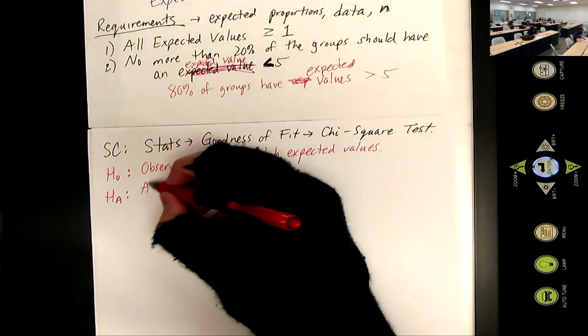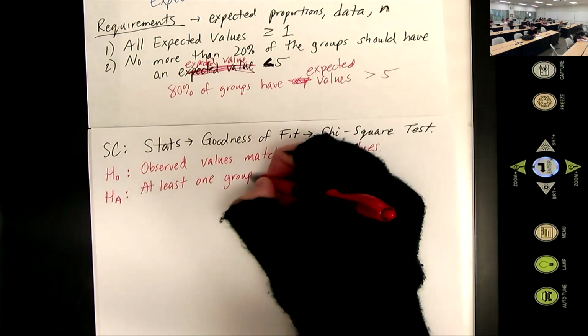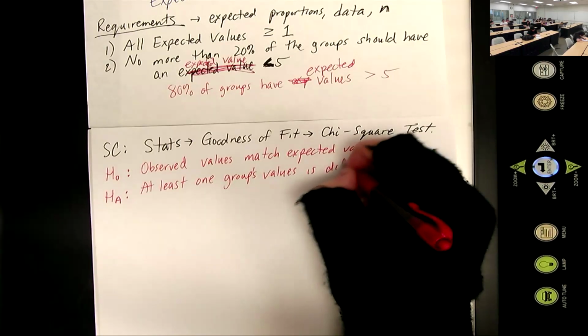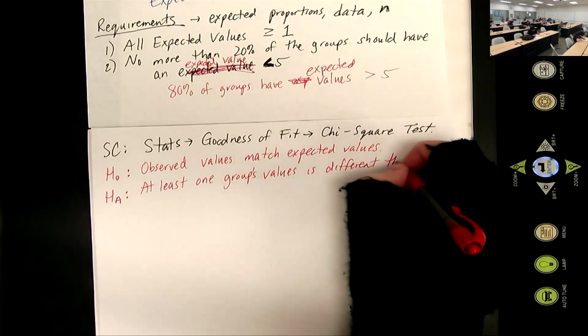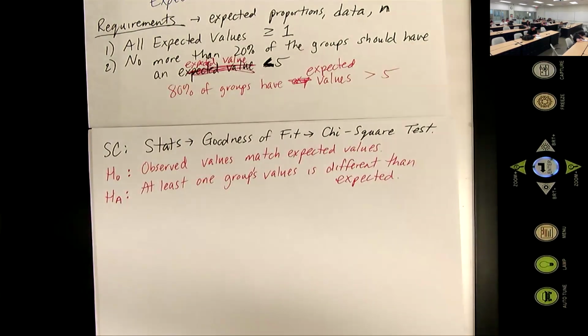HA is at least one group's values is different than expected. And very rarely are they all identical, so this is more like in the right range of numbers. They don't need to be the exact same numbers, but they need to be close. If the expected value is 90, 85 is probably pretty good, but 60 definitely isn't. So that's why we do the test, to go like, how close is close enough?